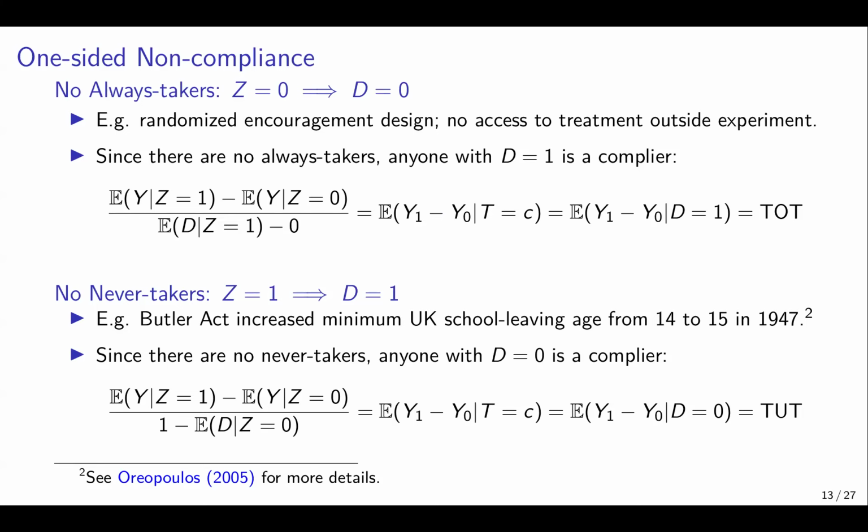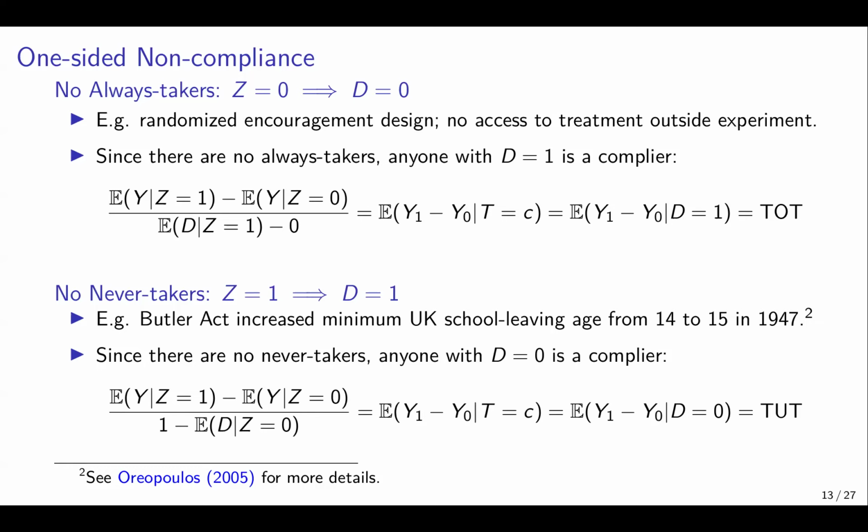Now, I started off this lecture by talking about always takers, never takers, defiers, and compliers. Then we assumed away the existence of defiers. But in fact, in many kinds of randomized experiments with noncompliance, and also in some observational data settings, you can't actually get all four of those types.